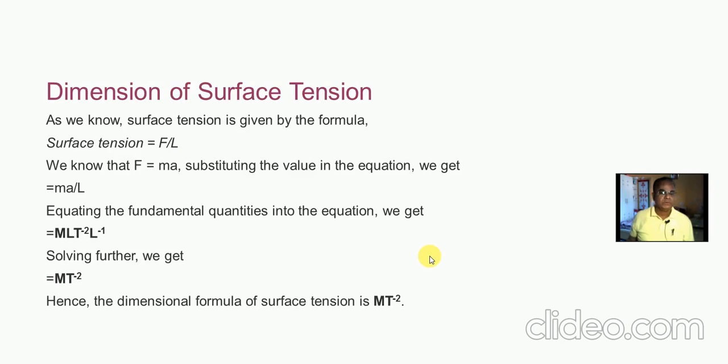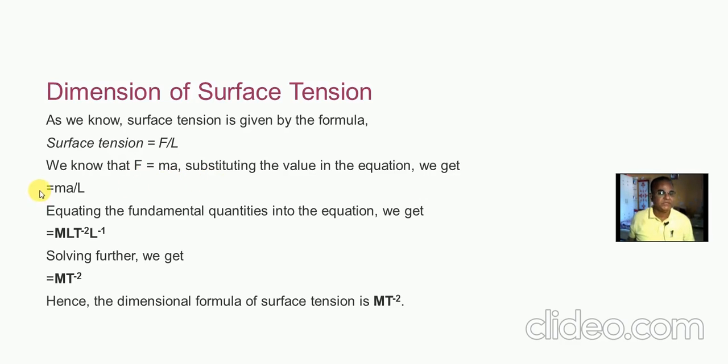Now, to find the dimensions of surface tension, consider the formula for surface tension, F upon L, and we know that using Newton's second law, F is equal to mass into acceleration.